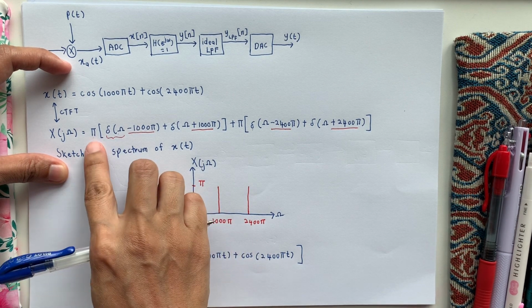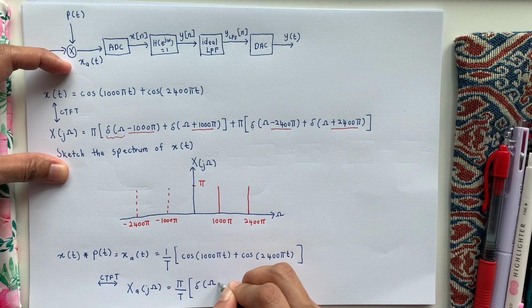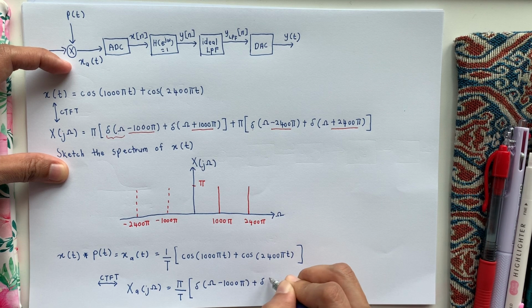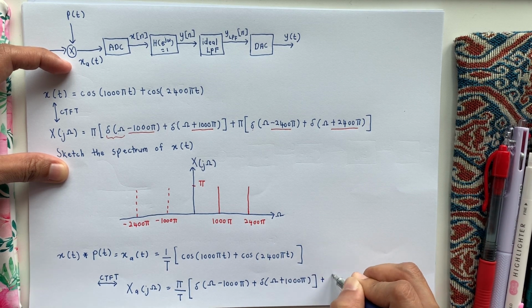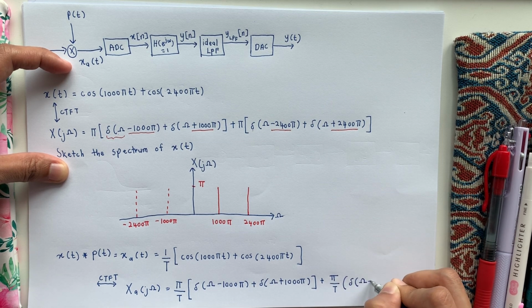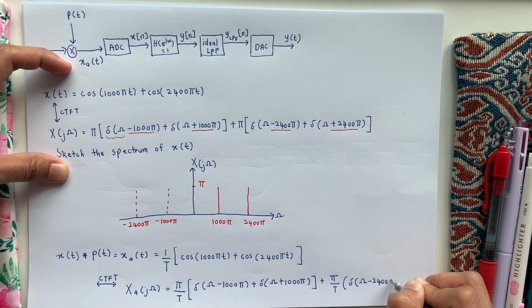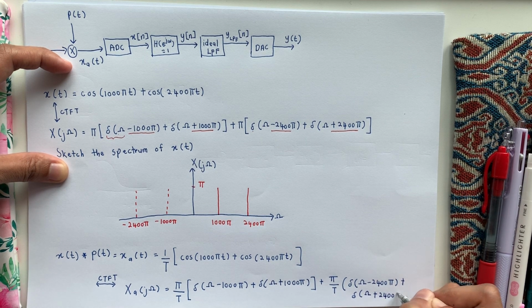Now instead of just pi, it has already become pi over T: pi over T times delta(Ω minus 1000 pi) plus delta(Ω plus 1000 pi), plus pi over T times delta(Ω minus 2400 pi) plus delta(Ω plus 2400 pi).